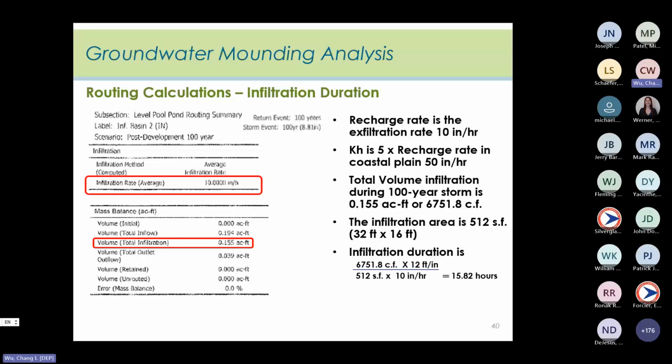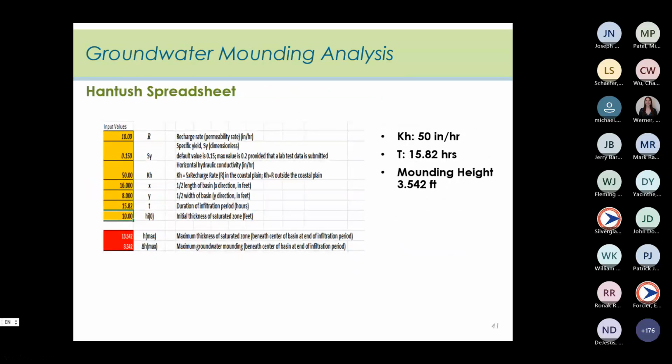And also the horizontal hydraulic conductivity rate should be 5 times the recharge rate. So based on the new inputs, the mounding height is 3.542 feet from the seasonal high water table.